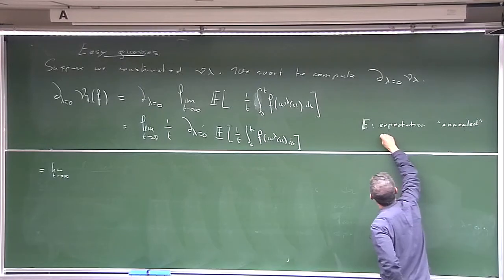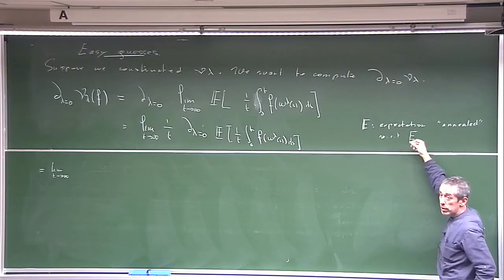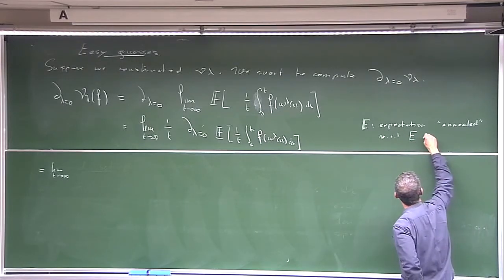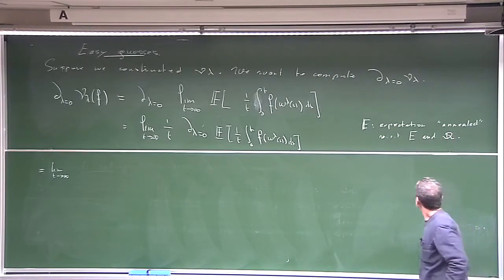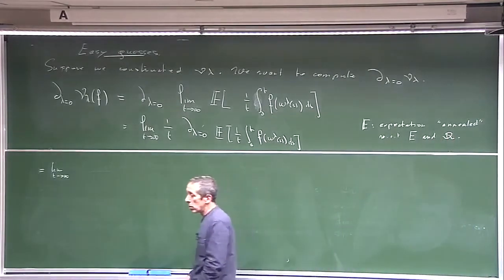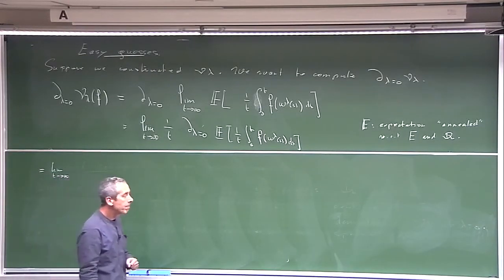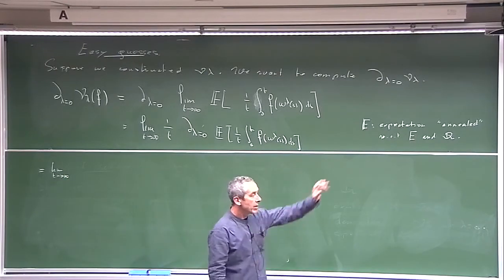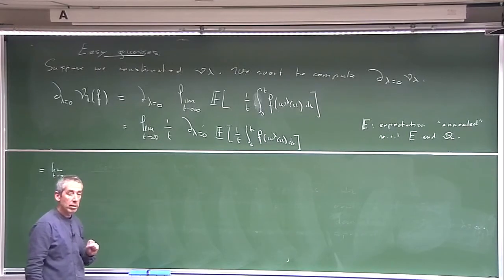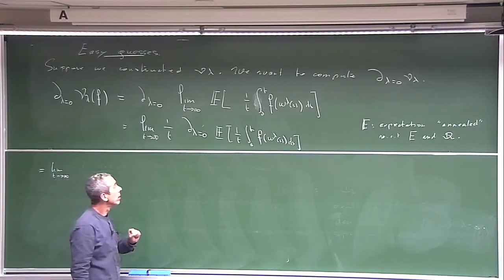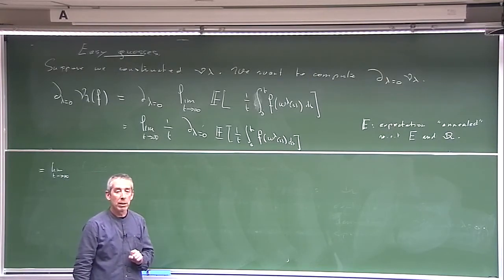So this is expectation with respect to E, which is the law of the Brownian motion, and Q for the semi-direct product. Which is important because we define the steady state as being the limit under Q.